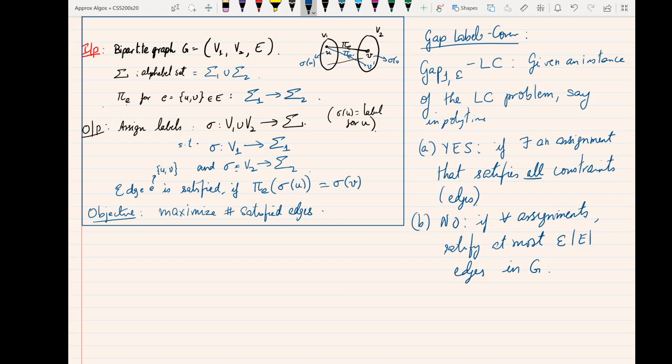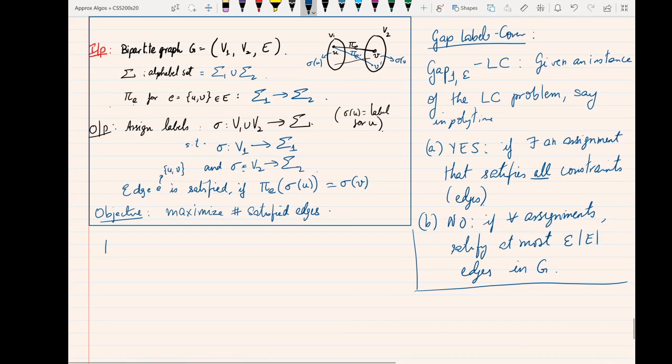Okay, so this is the natural gap version of the label cover problem. Now the PCP theorem that I first stated for gap max 3 set can be stated in the following form, and I'll call this form 3.